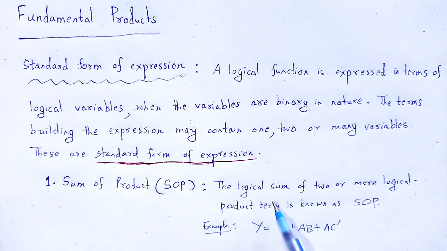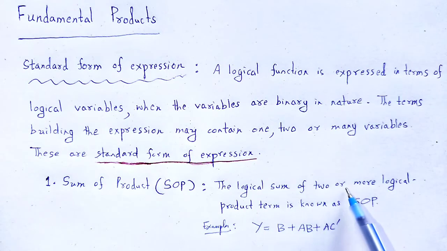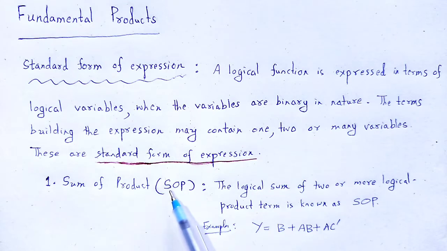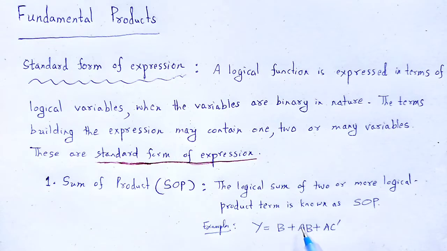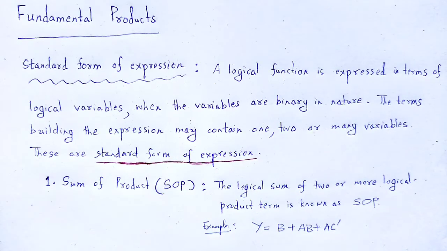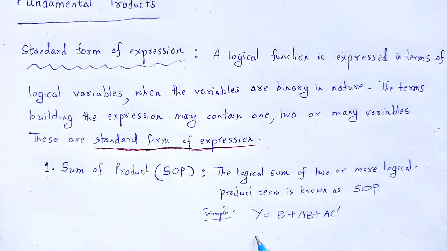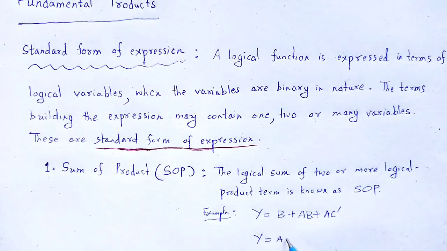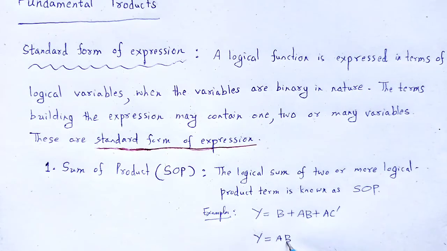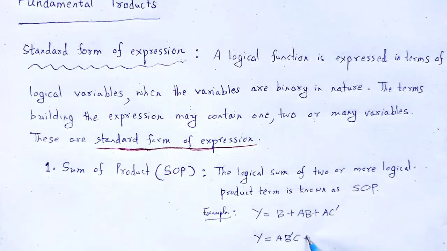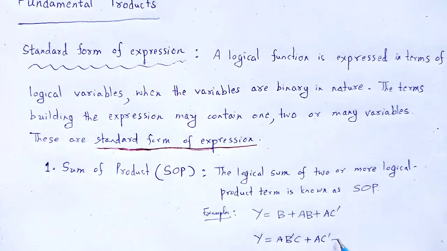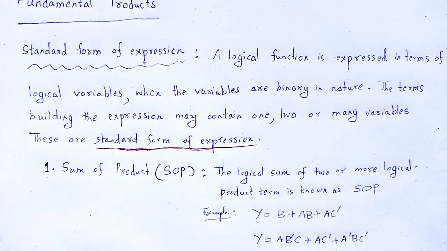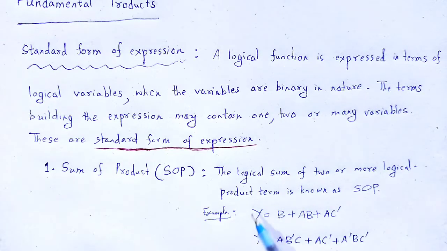Look here, here is the logical sum of two or more logical product terms, that is sum of product. Another example, y = ab'c + ac' + a'bc' is the sum of product.